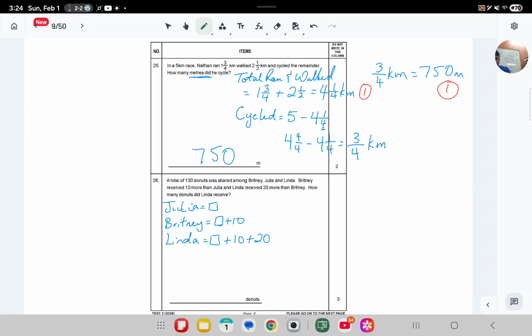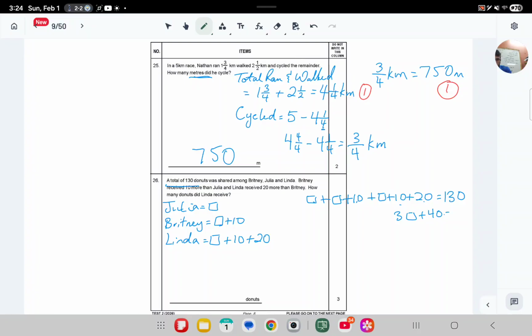So we know now when we add Julia plus Brittany plus Linda, we're supposed to get the total 130 donuts. So we add up the known numbers together. So this is 10, add 10 is 20, add 20 is 40. And then 1 box add 1 box add 1 box is 3 boxes.